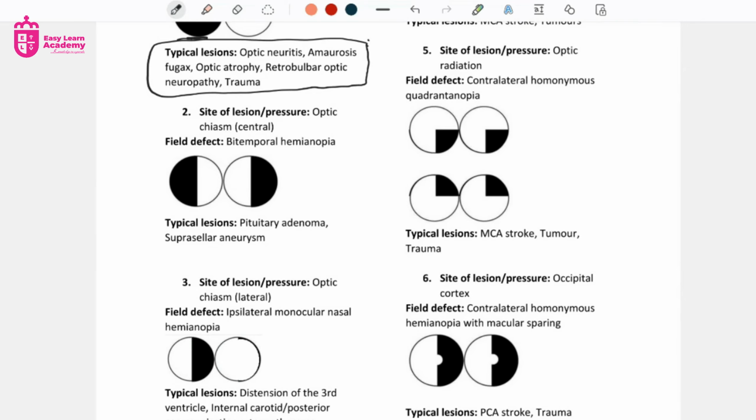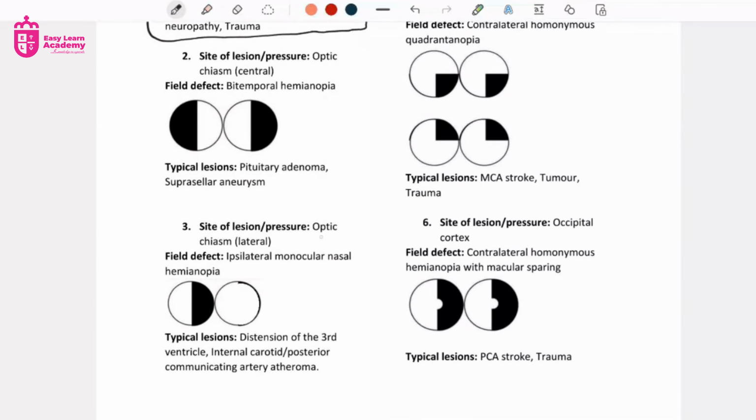Now with the optic chiasm, please note, this is where, remember I was talking about your bitemporal hemianopia. Please note that there is an optic chiasm lateral, different from the one we've just done. If you go back and try and look at only one side being affected, this is what you will get.